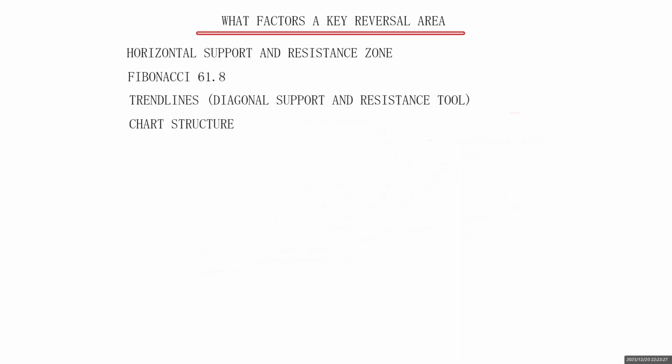We use chart structure with the horizontal support and resistance zone, we use chart structure with the 61.8 zone, and we use chart structure with the trend line. So chart structure is the king, and with the use of chart structure with all of these tools, you will be able to know where a trend might be reversing. And it's so simple.